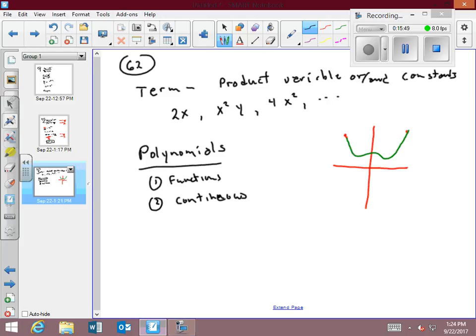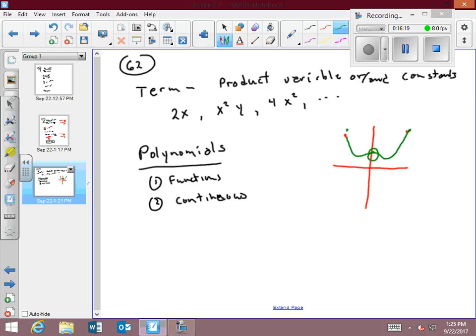Now that's a really nice feature, because if I have a point right here and a point right here, that means I know for certain between those 2 points, it has got to cross the y-axis.